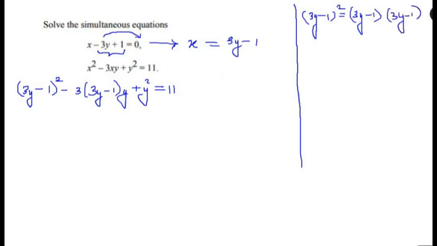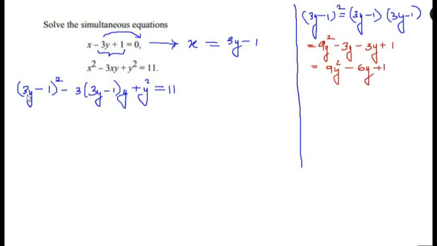So using the FOIL method or just multiplying the terms, 3y times 3y gives us 9y squared, and 3y times negative 1 gives us negative 3y, and negative 1 times 3y gives us again negative 3y, and negative 1 times negative 1 gives us positive 1. So simplifying this we get 9y squared, minus 3y and minus 3y are like terms, so we can add them together and write it as minus 6y plus 1.